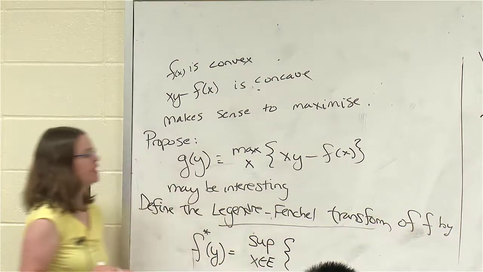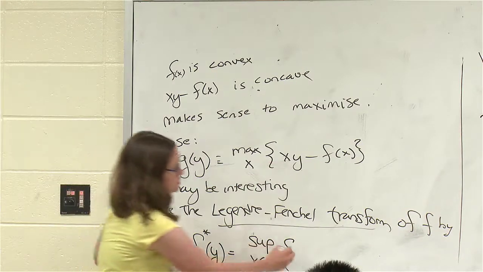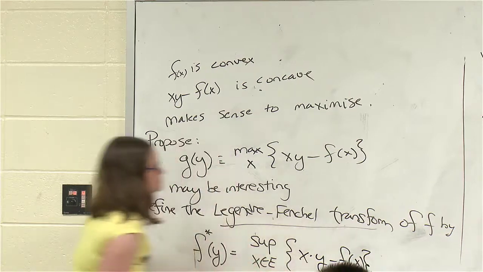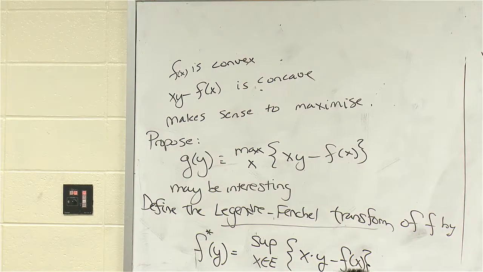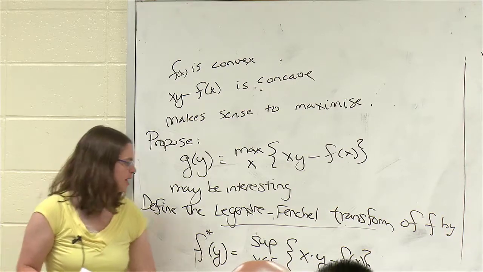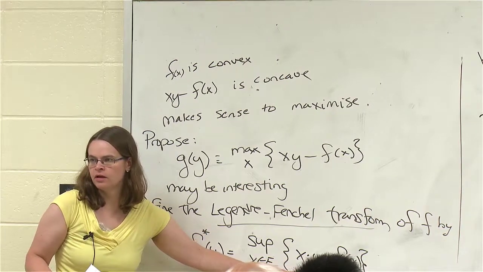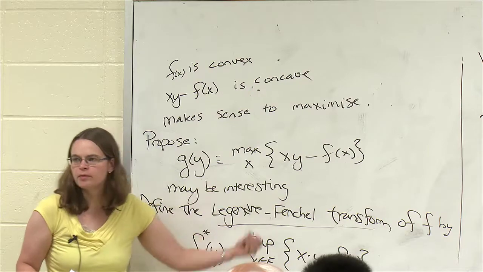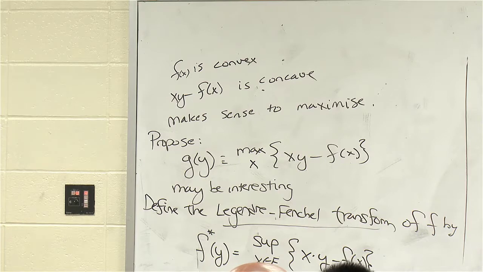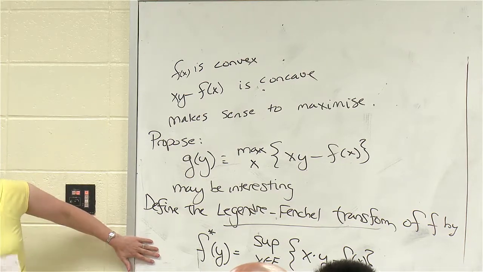If I'm heading into R^n instead of just the real line, I'm not going to do a product here, I'm going to do a dot product: x dot y minus f of x. Somehow we have reason to expect that the x that actually shows up in this supremum or maximum will be related to the gradient of f, maybe the subgradient of f if we try to generalize this. But this is going to be an important object.